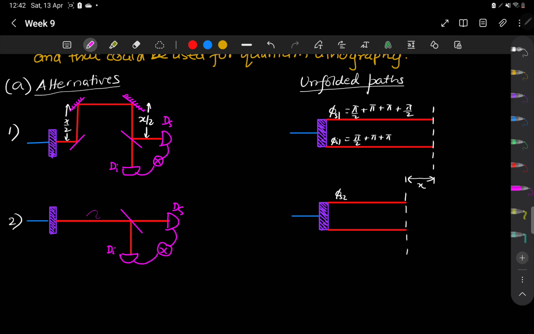Sorry, there is a first beam splitter here also where it's getting transmitted, and transmitted at the second beam splitter, so that makes it 0. And for the idler, it is transmitted at the first beam splitter, so 0, and then reflected at the second beam splitter, that makes it pi by 2.